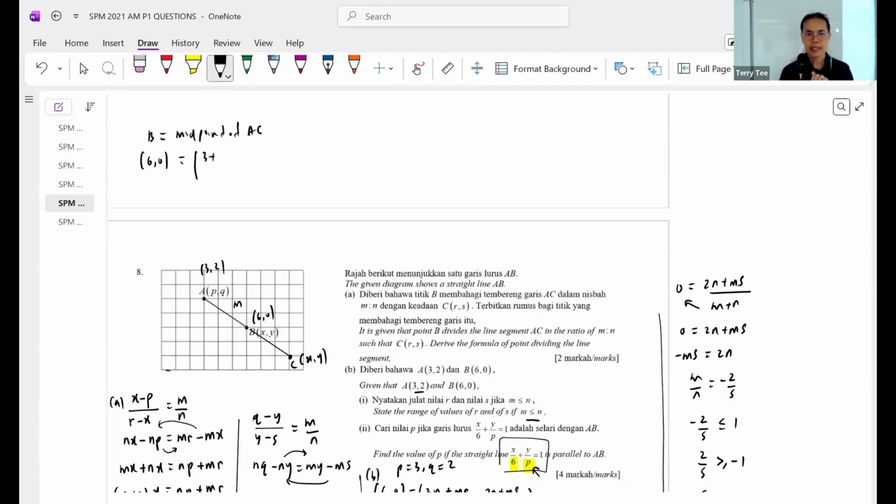This is 3 plus X divided by 2, and the other one is 2 plus Y divided by 2. So let's solve for X and Y. 6 equals 3 plus X over 2.